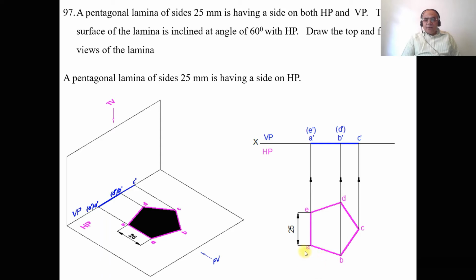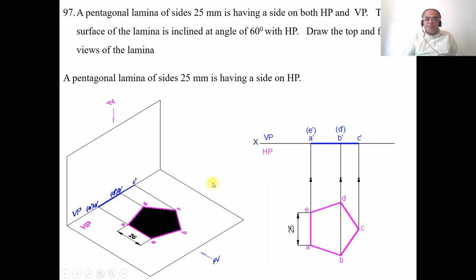As we see from the front view, ABC is near to the observer, so A dash B dash C dash is visible, and D and E are away from the observer, so D dash and E dash are in brackets. Now, since the surface is parallel to HP, the surface inclination with respect to HP is 0 degrees, and it is perpendicular to VP. As it is perpendicular to VP, it is a line in the vertical plane. And since it is parallel, you are getting a true shape in the horizontal plane.